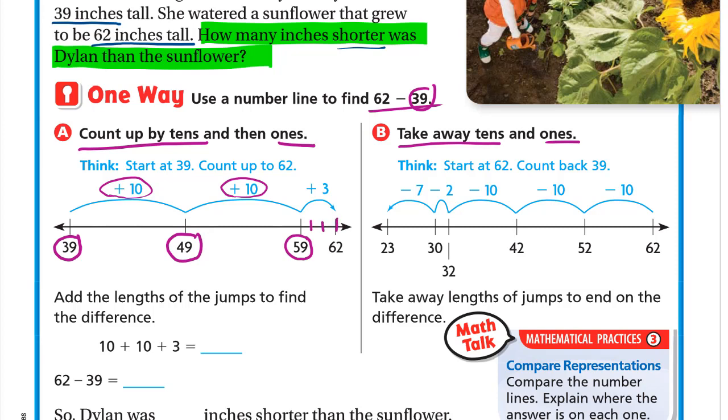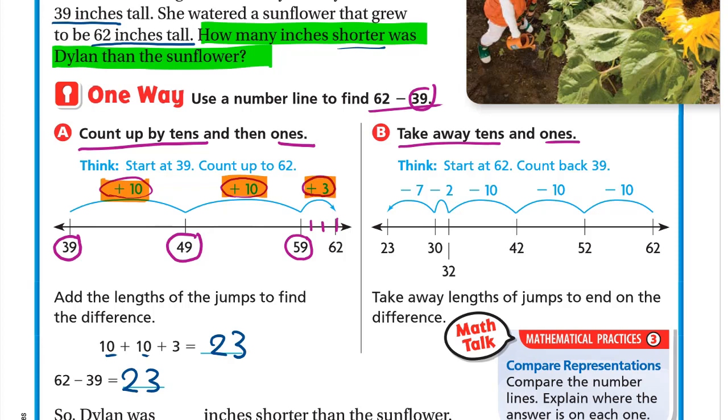So we added 3 more, so plus 3. Let's see what numbers we added. We added 10, another 10, and 3. So 10 plus 10 plus 3 is 23. So from 39 to 62, we should add 23. So the answer here is 23.